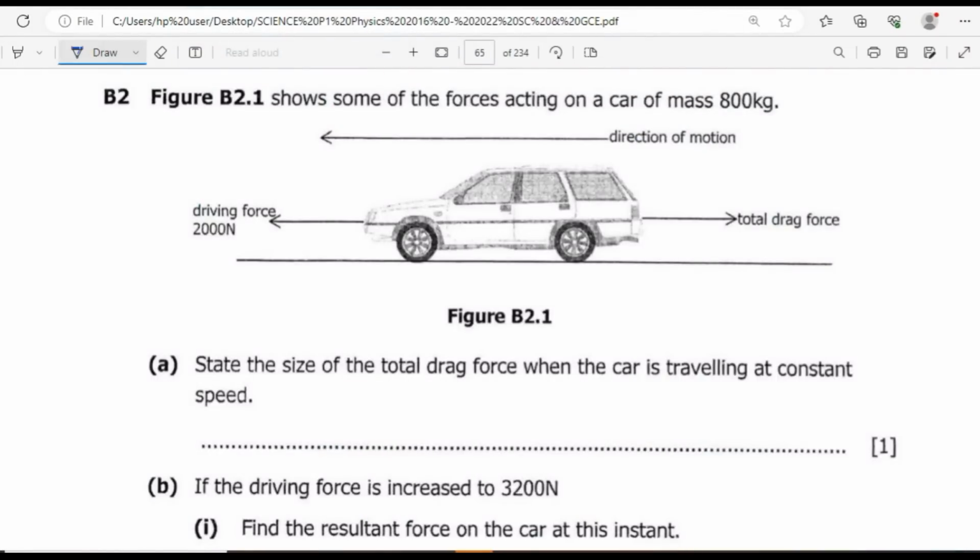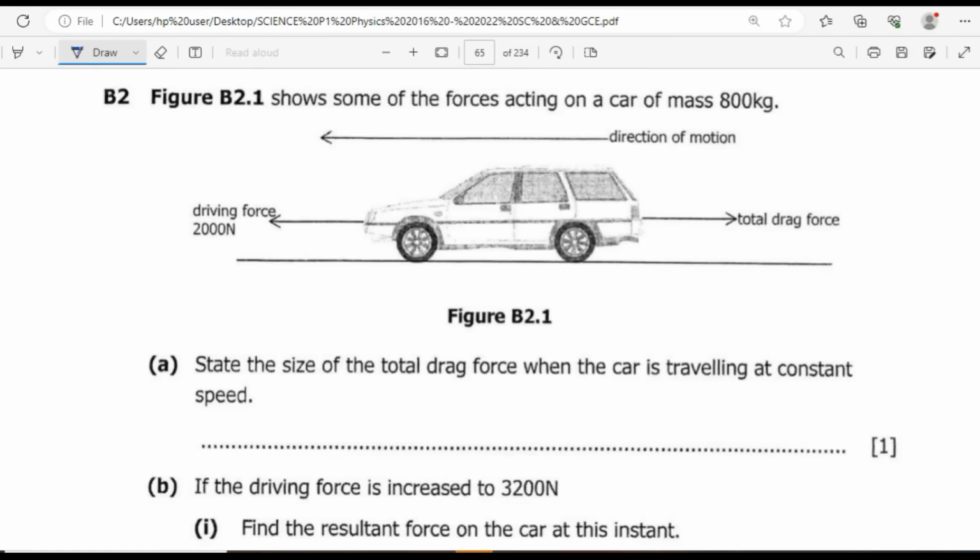Okay, so now let's have this question where we can combine the acceleration with the force and the mass. So this time we want to look at the resultant force, the acceleration and the mass. This is just Newton's second law of motion.